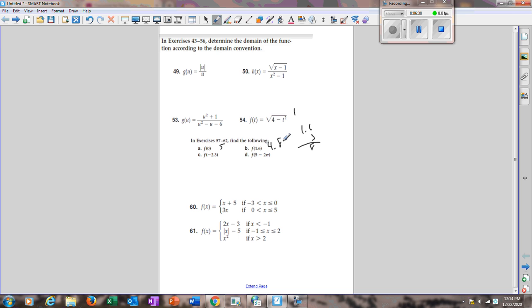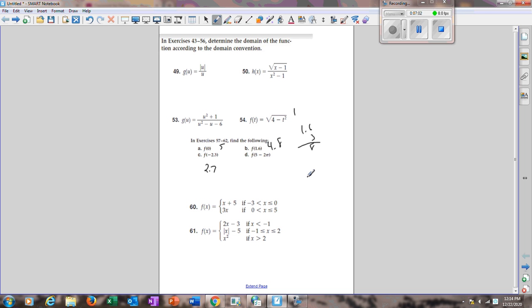C is negative 2.3, so it would plug in to the top one. So negative 2.3 plus 5, or 5 minus 2.3. That's going to give me 2.7. And then up here I have 5 minus 2 pi. Pi is 3.14, so 2 times 3.14 would be 6.28.